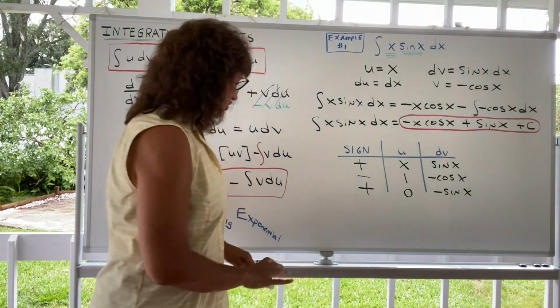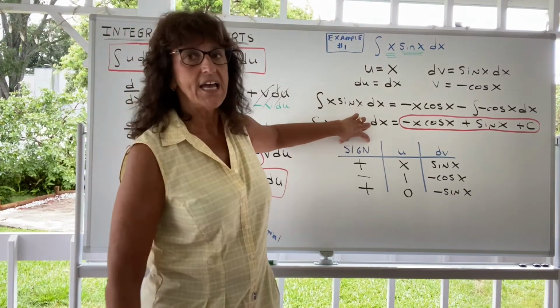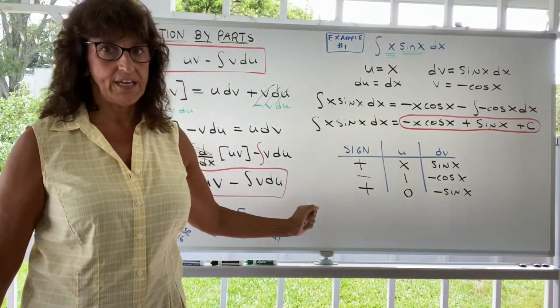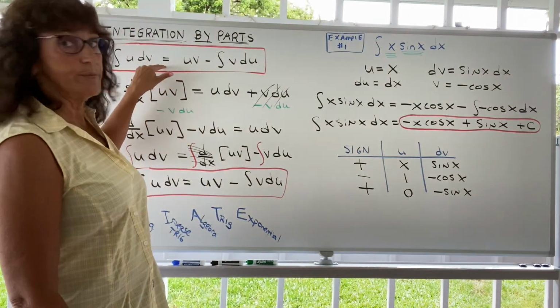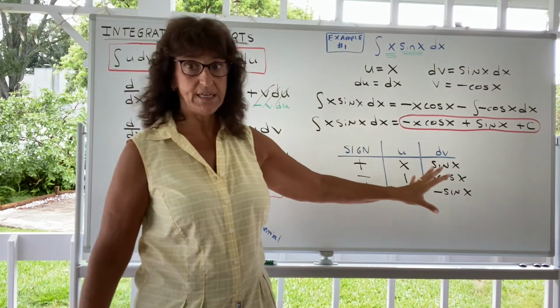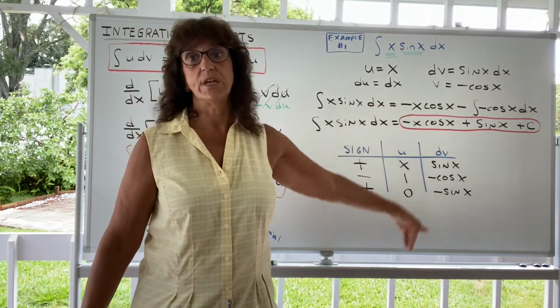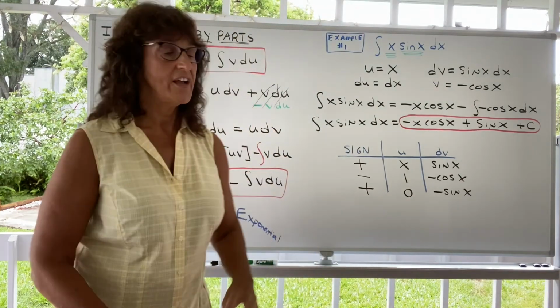Okay, so this is how you set up your table. SIGN starts positive, alternate, and then you have your U and DV, the pieces that you need in the integrand. U and DV, LIATE to figure out which piece. U piece, differentiate. DV piece, integrate. Now here's how you read the answers.